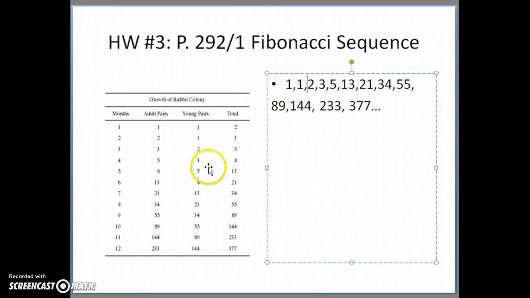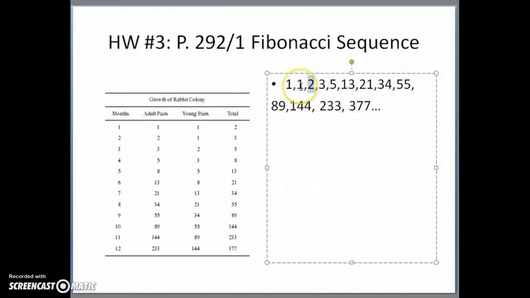By keeping going like this, it's kind of like 1, 1, 2, 3, we can always add the previous 2 numbers. Sometimes it's going to be a little bit different. If we think the first month we have 1 adult pair, and the second month 1 adult and then 1 young pair, the total is 2.